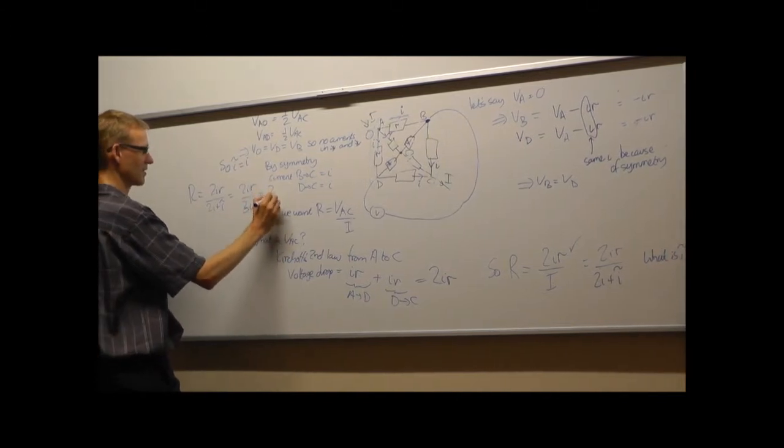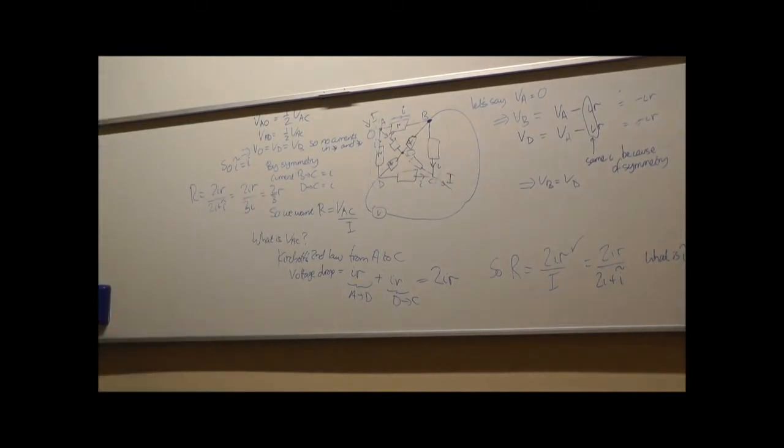So that is 2/3 of R. Cool. And you could check that using your parallel and series resistance formula by just getting rid of those two star resistors as well, don't you?